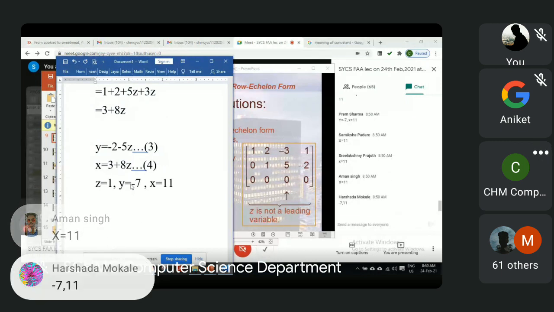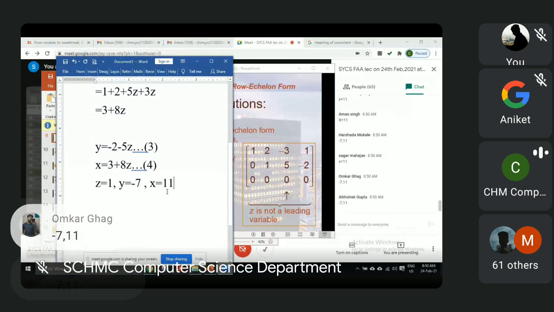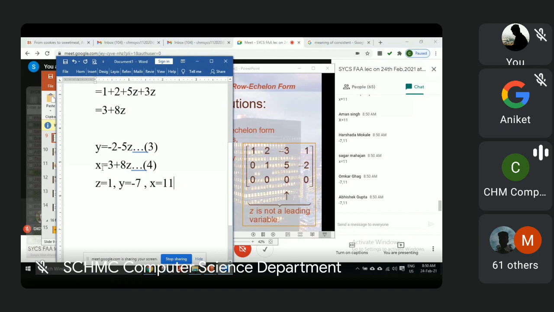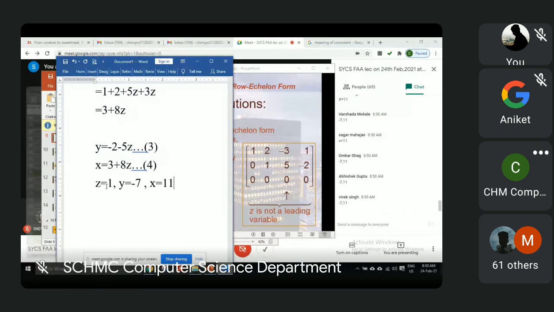Similarly, whatever value of z I give you, you'll substitute in these two equations and get the values of y and x. This simply says my solution x and y depends on z. You give me a value of z, I will give you values of x and y. How many values can z take? The whole number line?